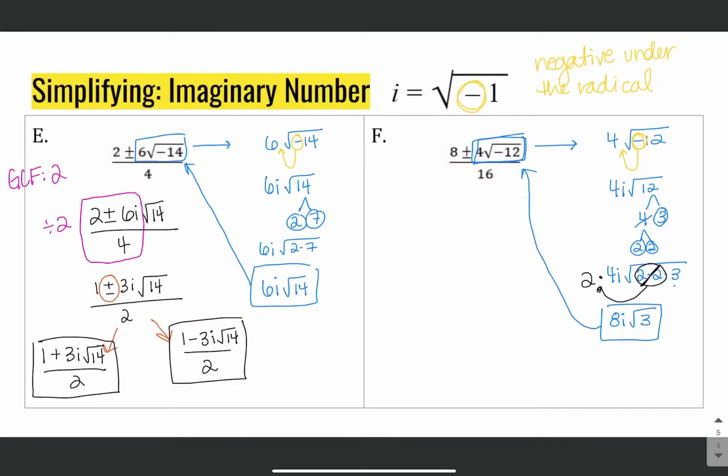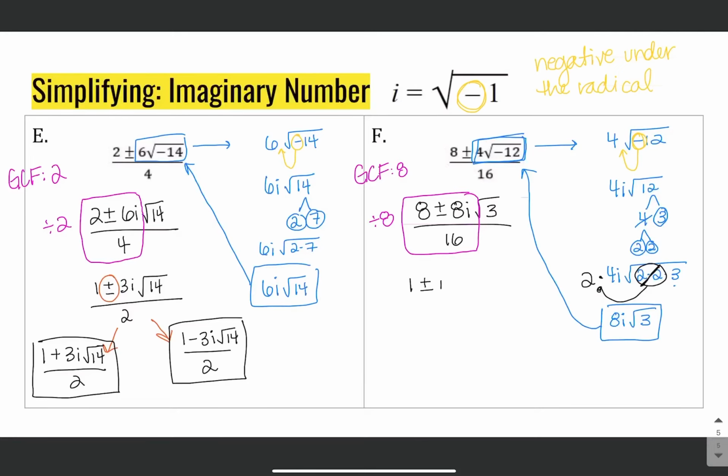So I've got 8 plus or minus 8i radical 3 divided by 16. Again, I'm going to look for that GCF here. My GCF is an 8. So that means we're dividing by 8. So let's go through it. 8 divided by 8 is 1. Plus or minus 8 divided by 8 is 1. But I still have the i there.